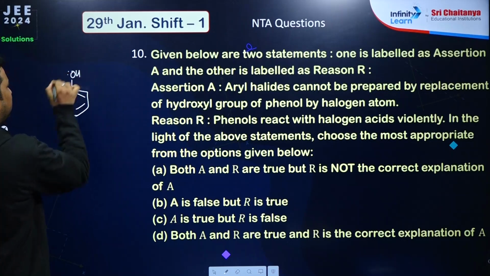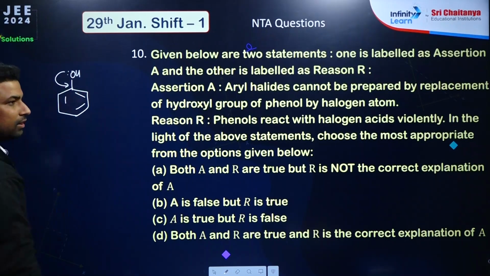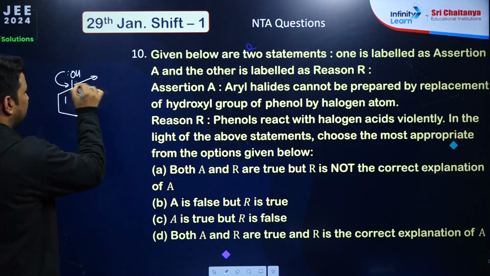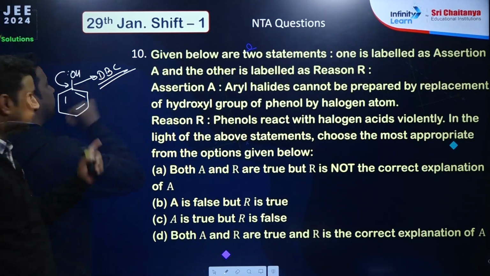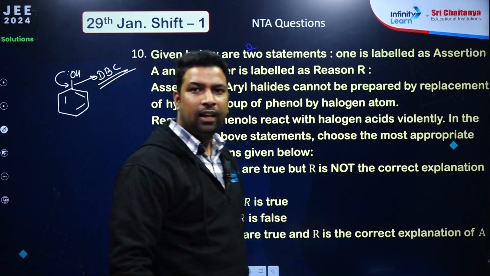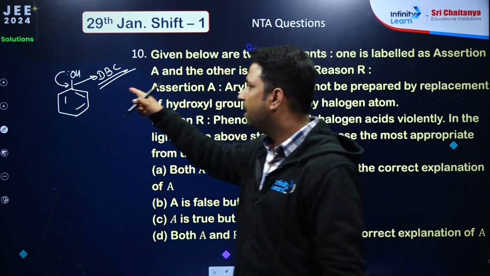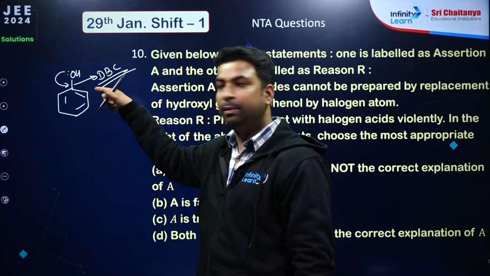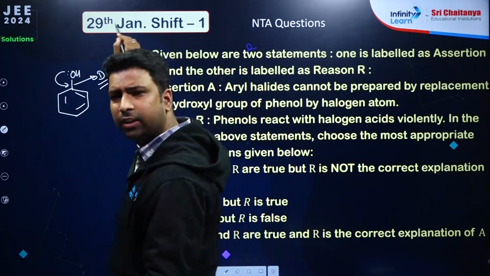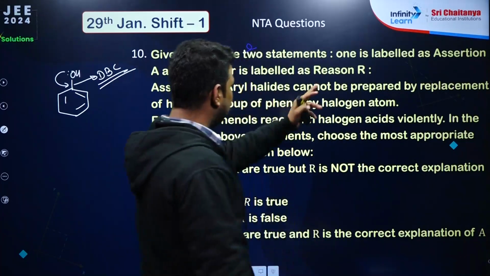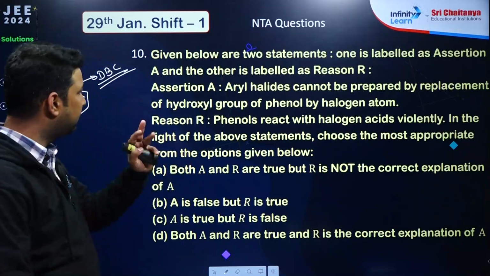OH. This oxygen is in resonance. So here there will be double bond character. Since there is double bond character, halogen cannot replace it, because the double bond character arises due to resonance. So you cannot remove OH out there. So assertion is correct.